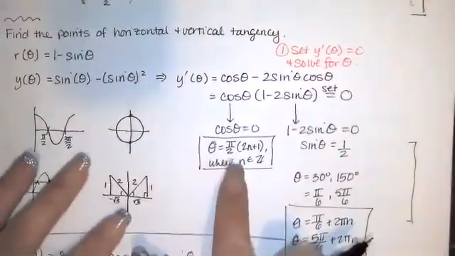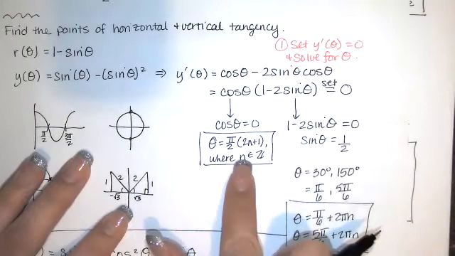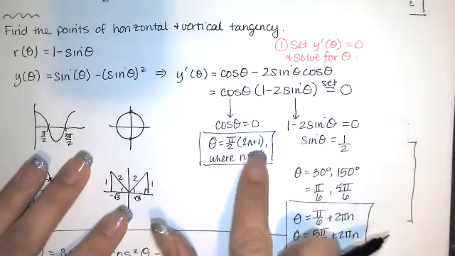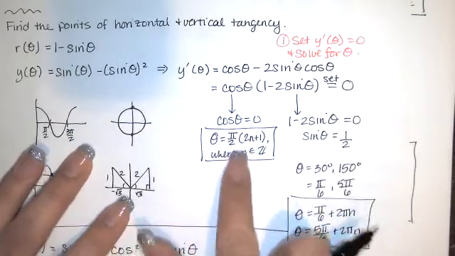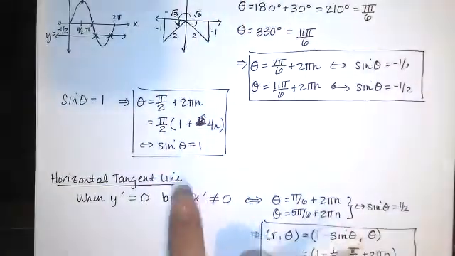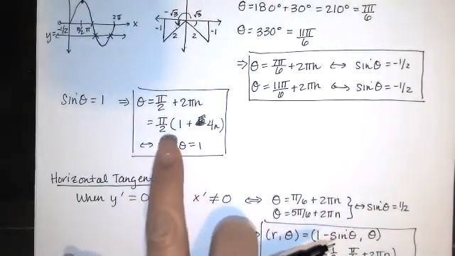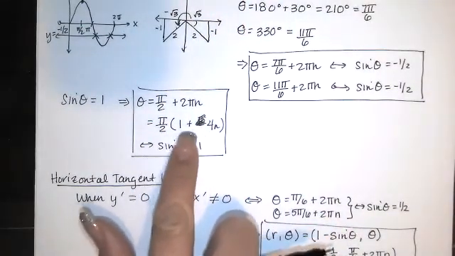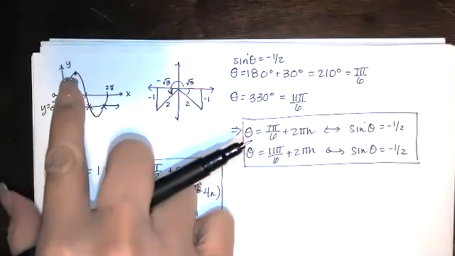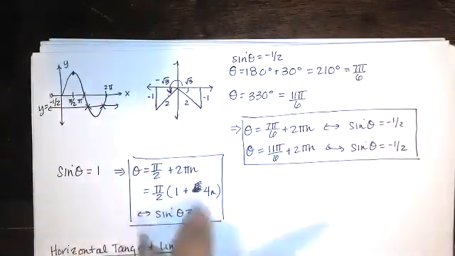Now, this one leads to horizontal tangency when we've got an odd multiple of pi over 2, which is not simultaneously one of these odd multiples of pi over 2. Let's expand this out a little bit. We're going to have pi over 2, and then 5 pi over 2.